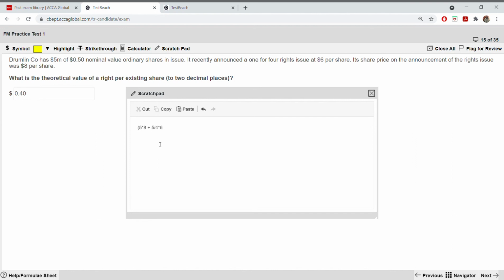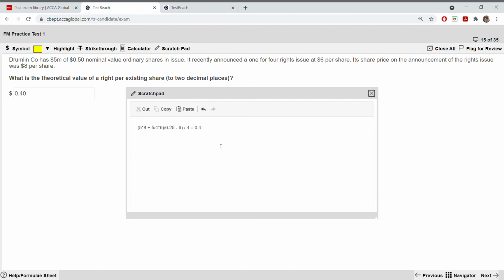Close bracket, divide 6.25 minus 6, divide by 4, is equal to 0.4 per share.